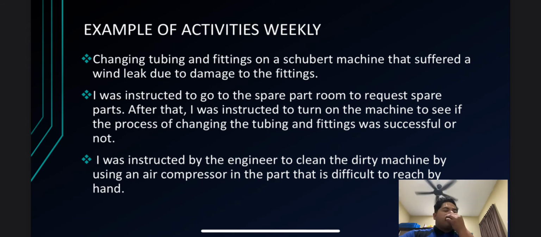And other than that, when a machine is dirty, we must clean the machine, because cleaning the machine is very important. As a technician of the machine, we must have a clean machine. So we must clean the machine every week.